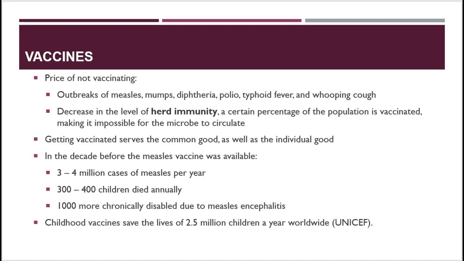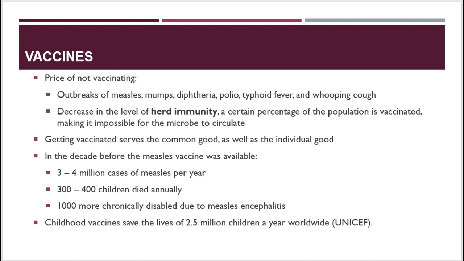In the decade before the measles vaccine was available, there were about 3 to 4 million cases of measles every year. 300 to 400 children died annually, and 1,000 more individuals were chronically disabled by measles encephalitis.